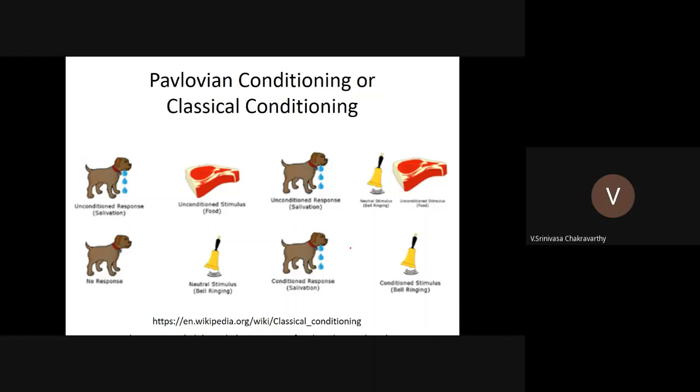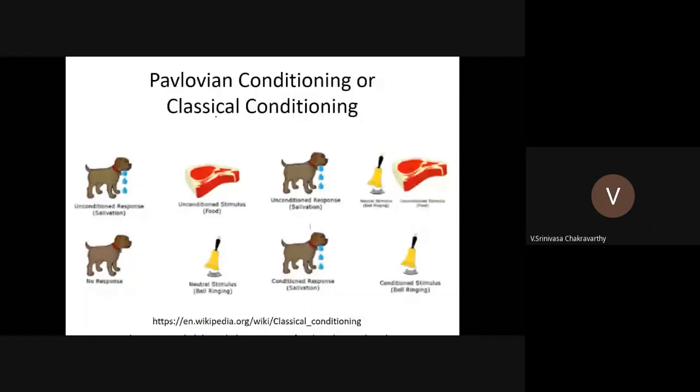And even before, there were experiments by Pavlov, a Russian physiologist, who performed certain learning experiments on dogs, and these experiments probably prompted Hebb to come up with this hypothesis.